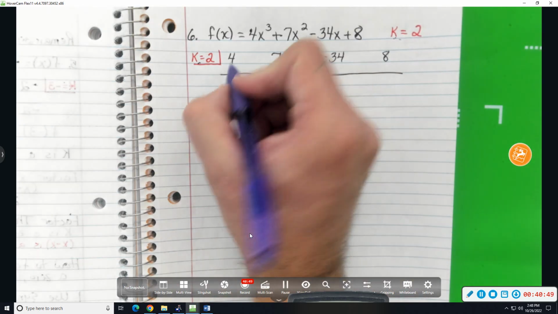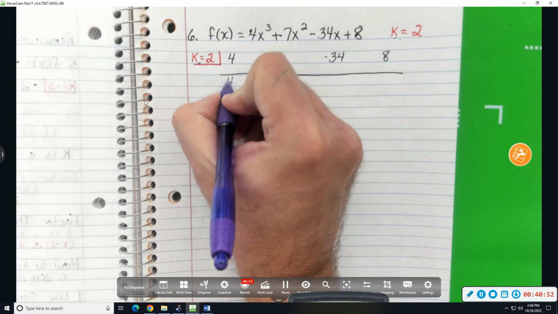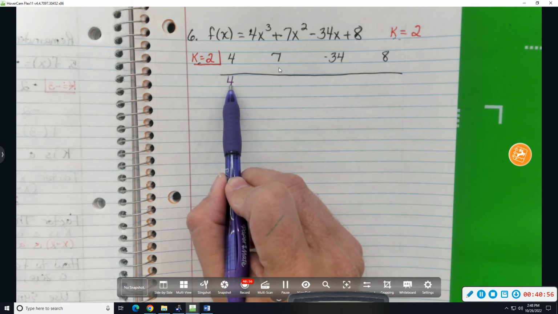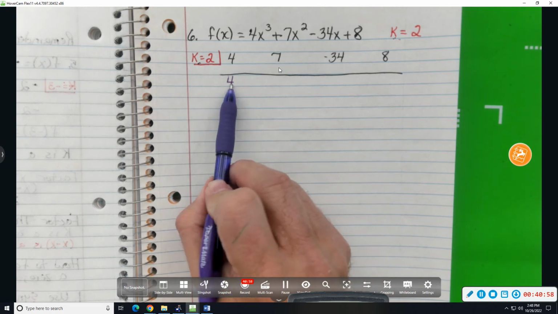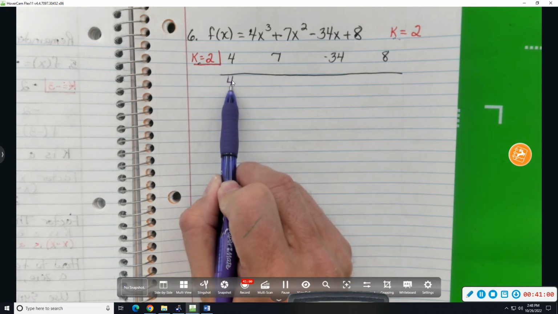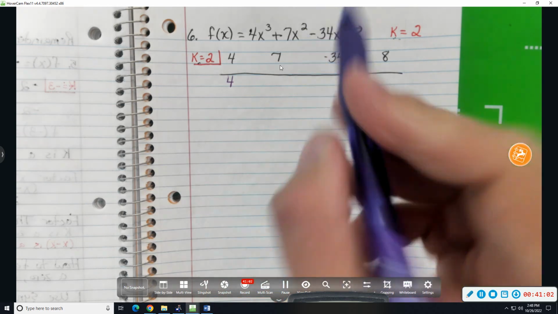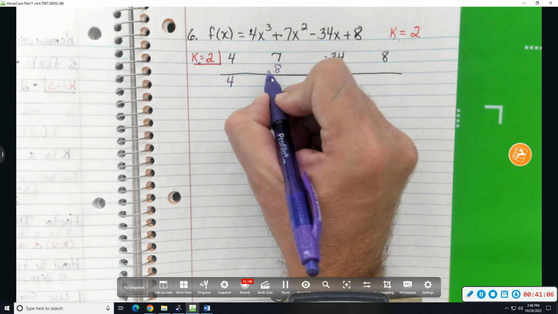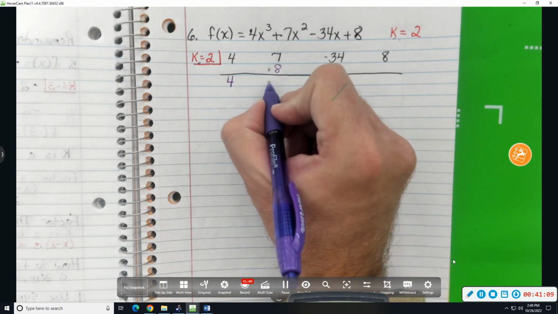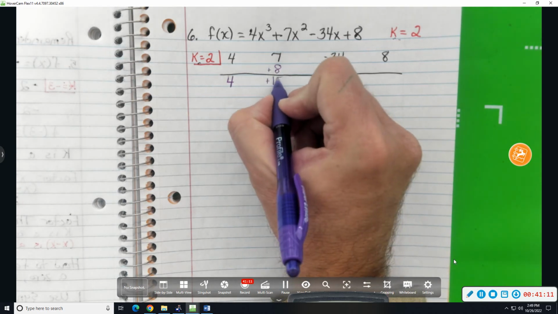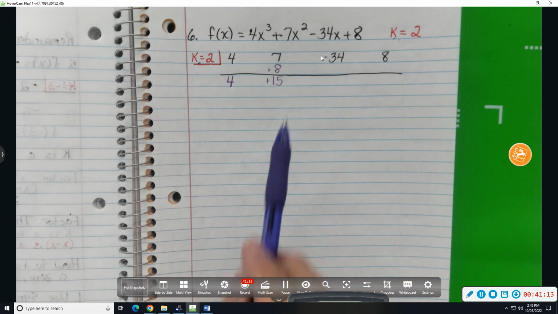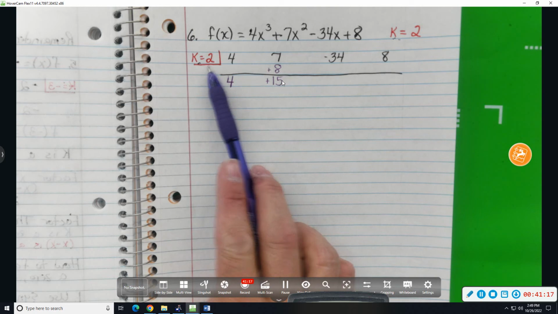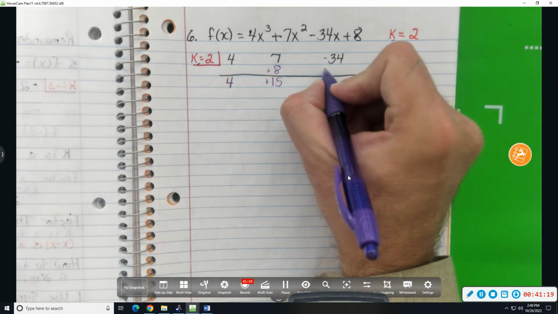Carry down the 4. 4 times 2 is 8. Down here, 7 plus 8 is a positive 15. What's going to go up here under the negative 34? 15 times 2, that's a positive 30.